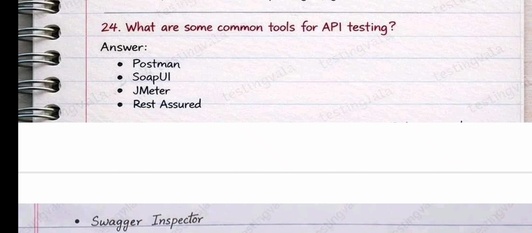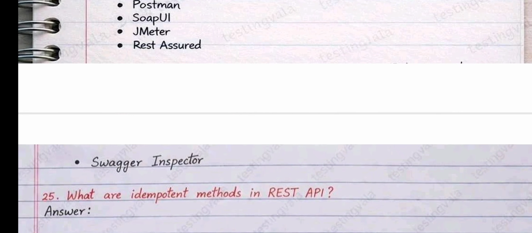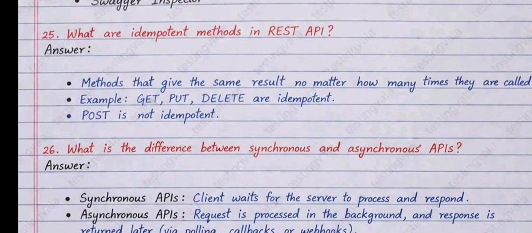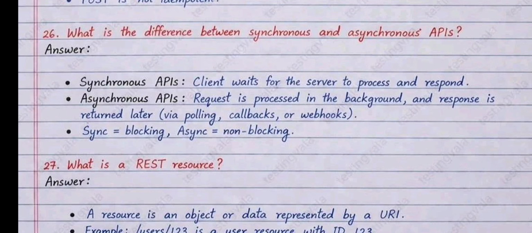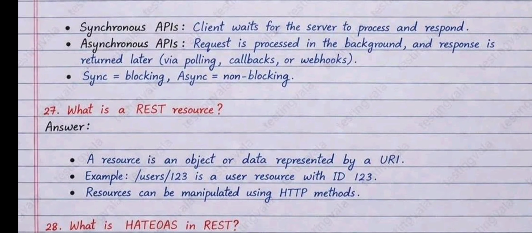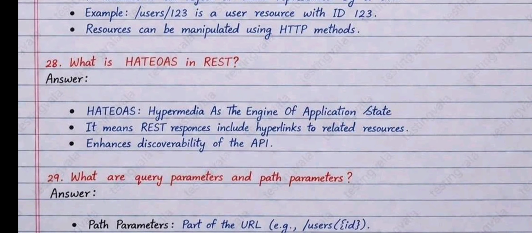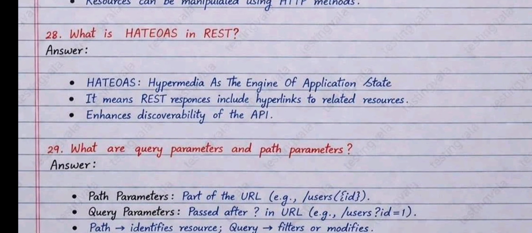What are some common tools used for API testing? And what are idempotent methods in REST API? What is the difference between synchronous and asynchronous APIs? What is a REST resource? What is HATEOAS in REST?